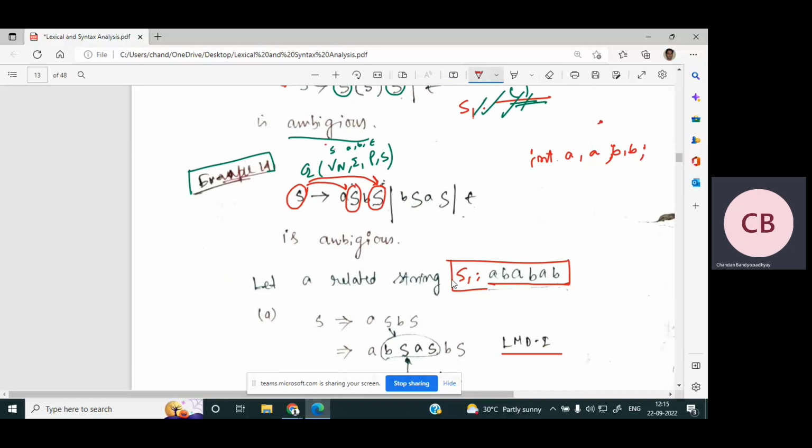I am assuming this is two LMDs. If I am assuming this is two RMDs, though these are not, I am trying to map that ideology with this variable declaration. So if someone is writing a equal to a plus b, a equal to s plus 2, then which a to select, this a or this a? Definitely the compiler will get an error.